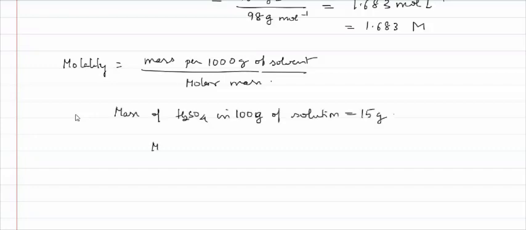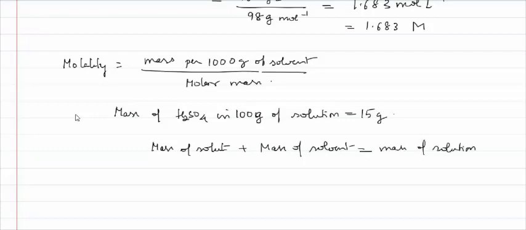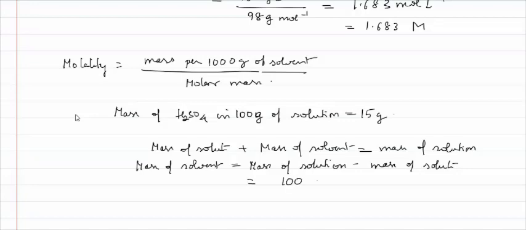And mass of solute plus mass of solvent is equal to mass of solution. Now we want mass of solvent. So mass of solvent is equal to mass of solution minus mass of solute. This is equal to 100 minus 15. And this is 85 grams.